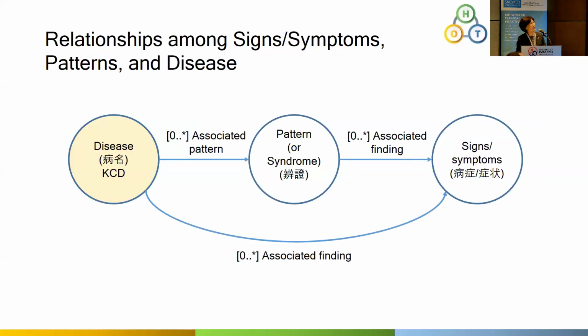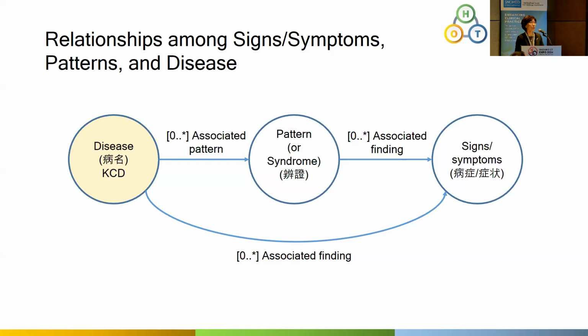So here I have relationships. I kind of figured out these relationships among signs and symptoms, patterns, and disease. Since Korea is using KCD for diagnosis determined by traditional Korean medicine doctors, we have KCD for disease, and this disease can have more than one pattern or syndrome, also could have more than one signs and symptoms.